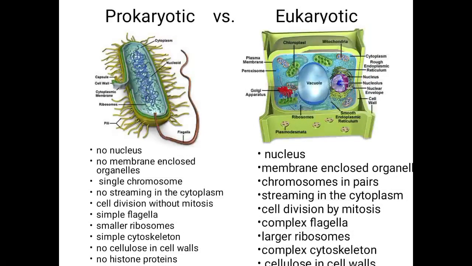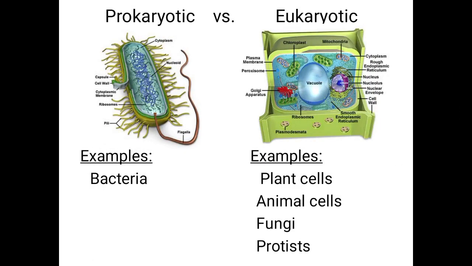But in the eukaryotic cell, no cytoskeleton will be seen. And in the cell wall, there is no cellulose. In the prokaryotic cell wall, there will be no cellulose, but in the eukaryotic cell wall, there will be cellulose. So these are some of the important distinguishing features of prokaryotic and eukaryotic cells.